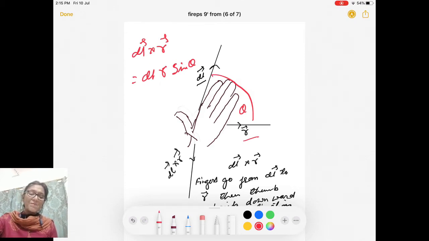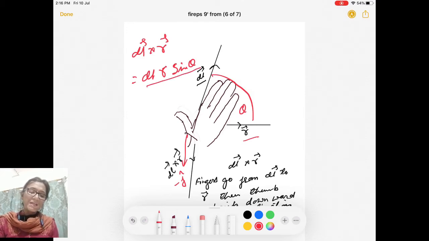along the fingers of your right hand such that thumb is in a perpendicular direction. So keep your fingers along the first vector and rotate your fingers along the second vector. You will find that the thumb is pointing in a downward direction, which has unit vector minus j cap.